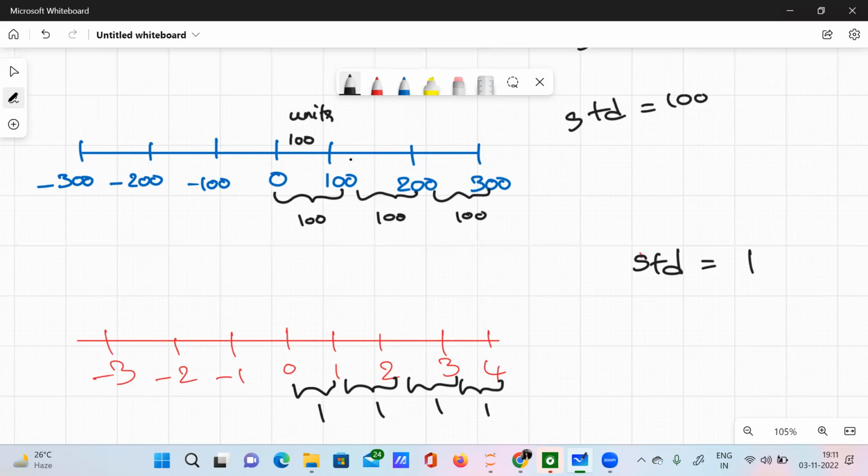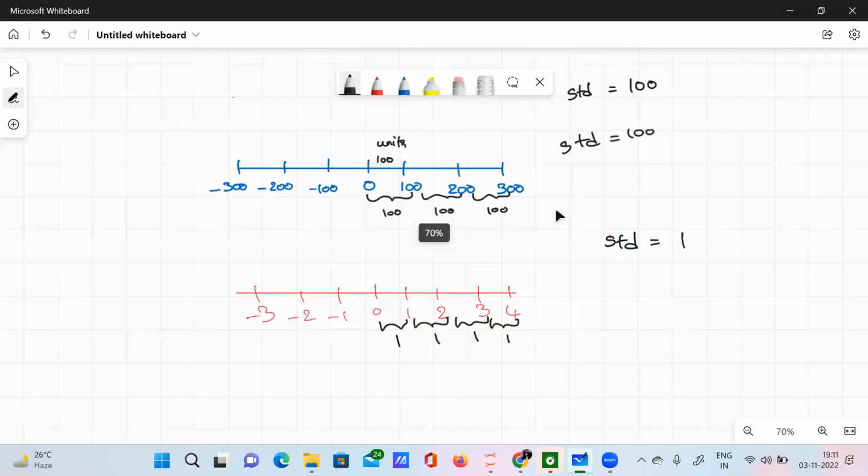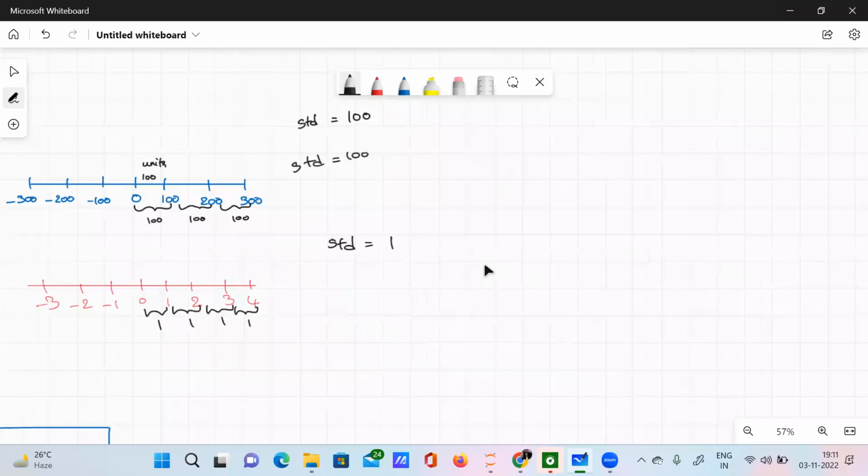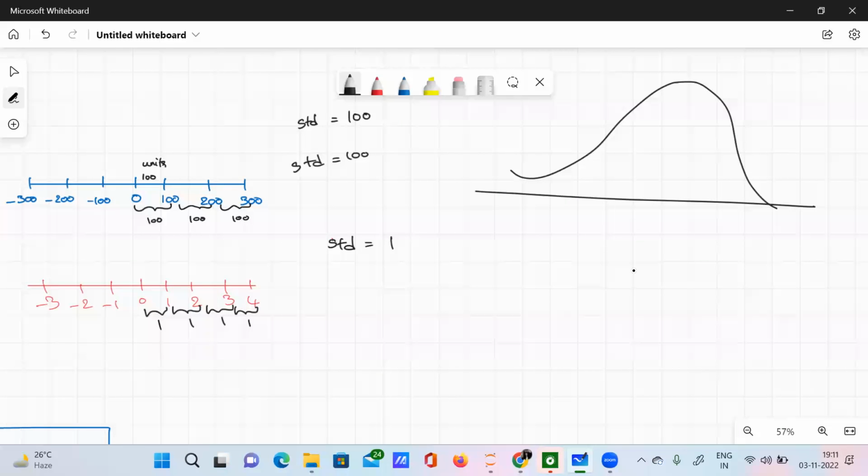So when you plot them on a graph like this, you will get data like this.